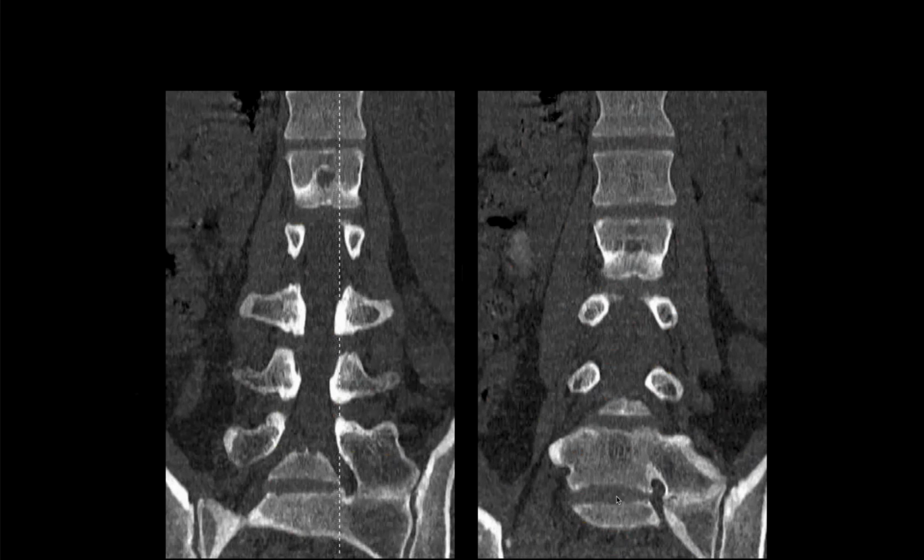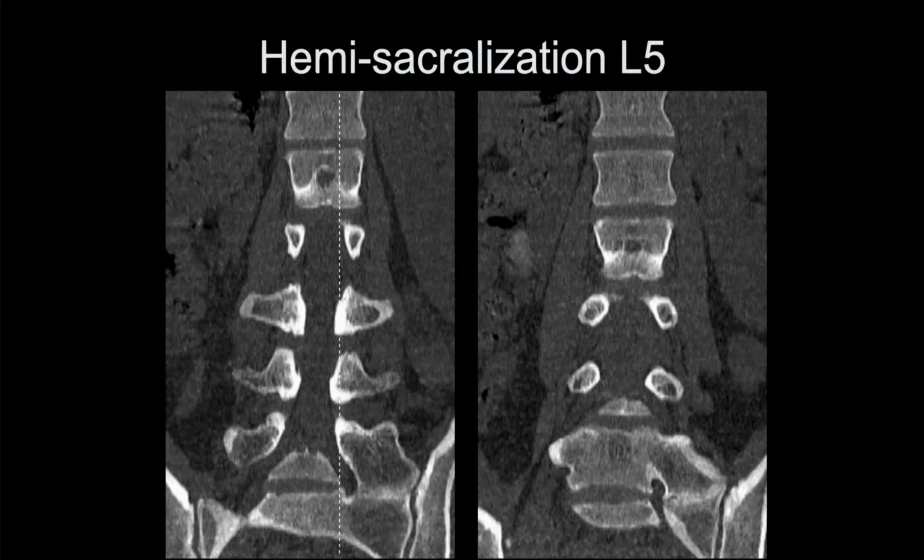It's Bertolotti's. Some people also call it hemisacralization at L5, but this would be Bertolotti's syndrome. There's a classification system, but once you recognize it, just describe it. When it's asymmetric like this, it tends to be most symptomatic.